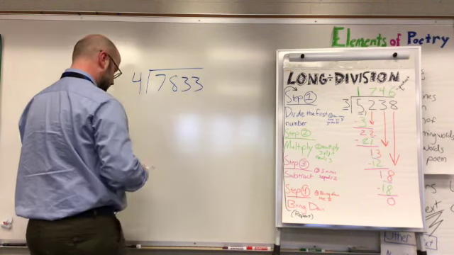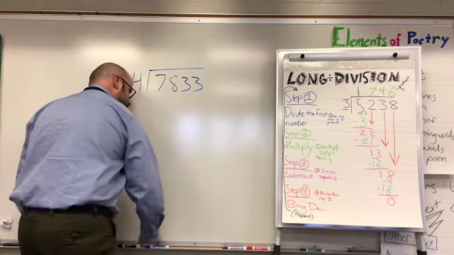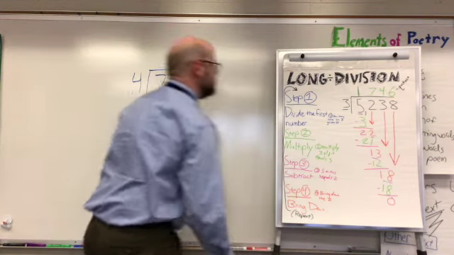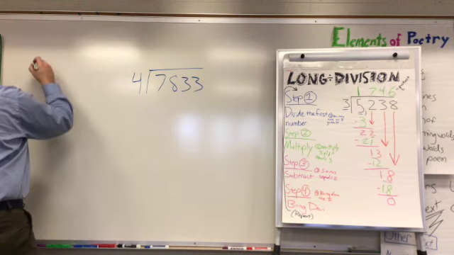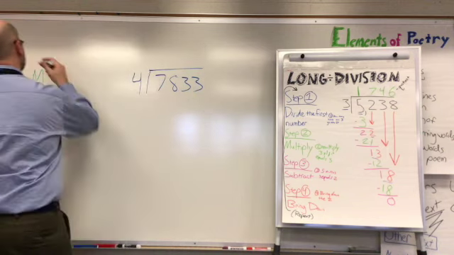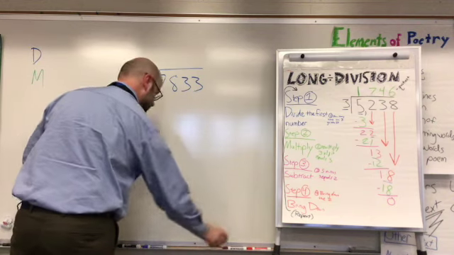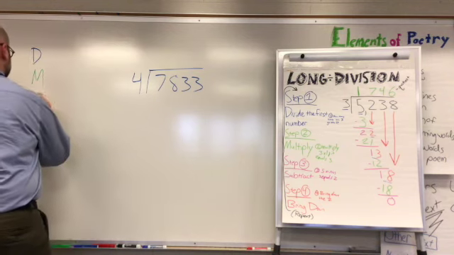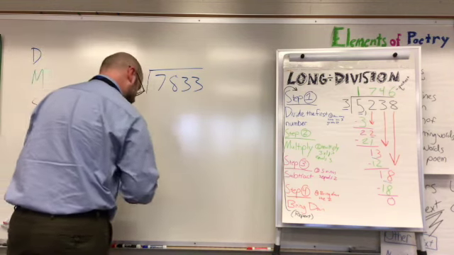So let's put the number 7,833 divided by 4. All right, so now we need to divide the first number. Remember, D, M, S, D: divide, multiply, subtract, and drop.